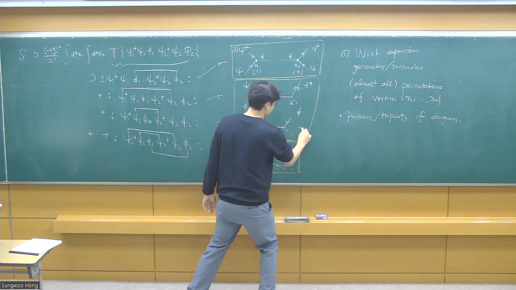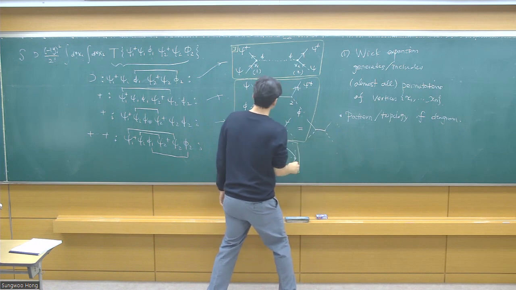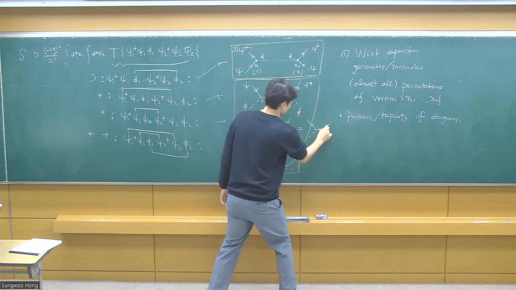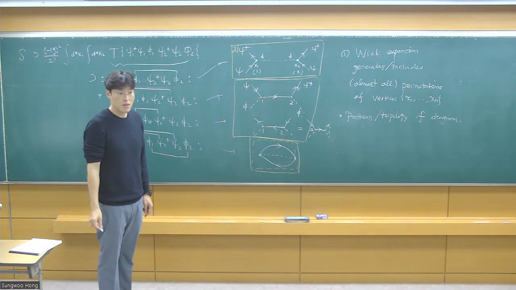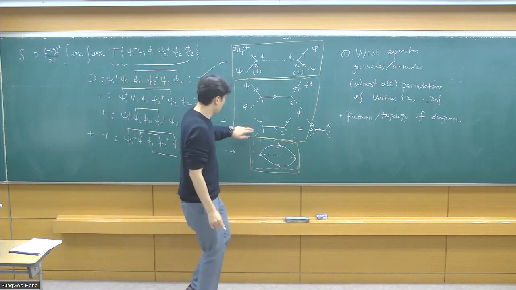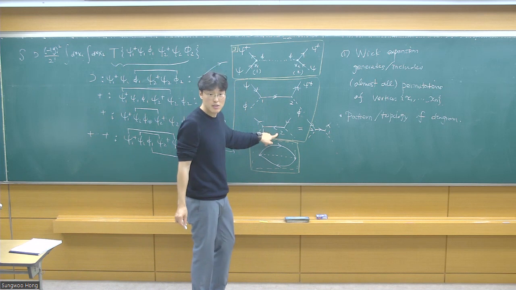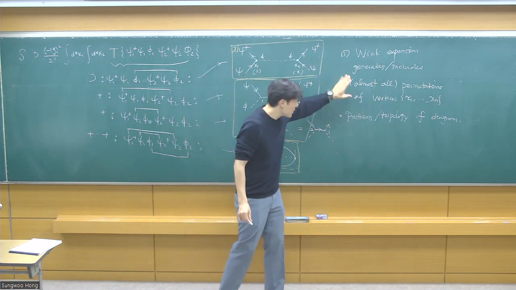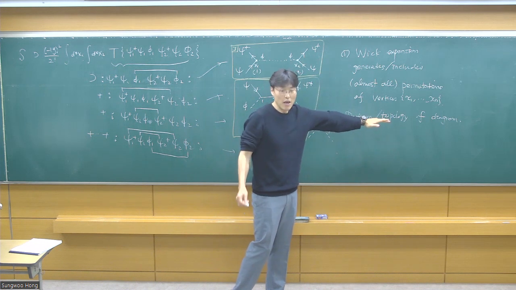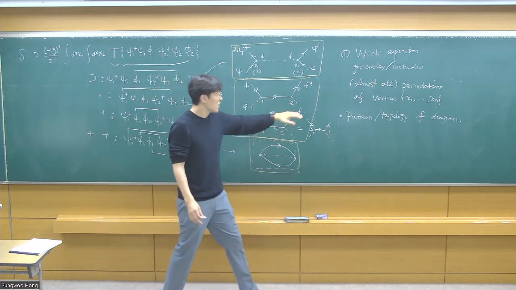The second diagram I could have written as two, one, right? So that means that this is related to the first one by permutation of vertices. So the first point is that for a given topology of diagram at fixed order in n, this Wick expansion automatically spits out all possible permutations, but almost.